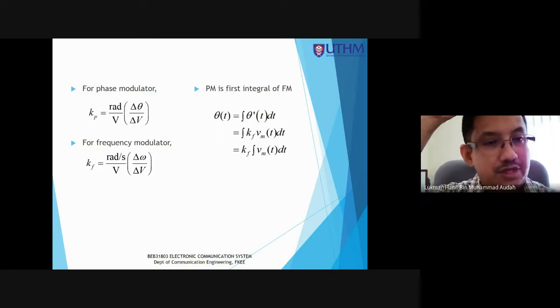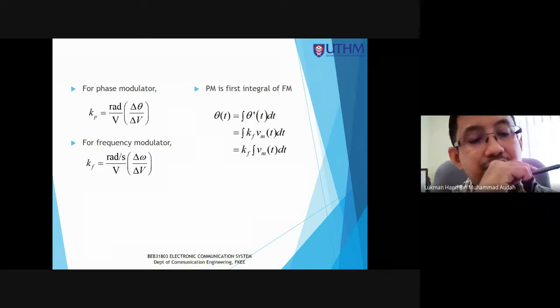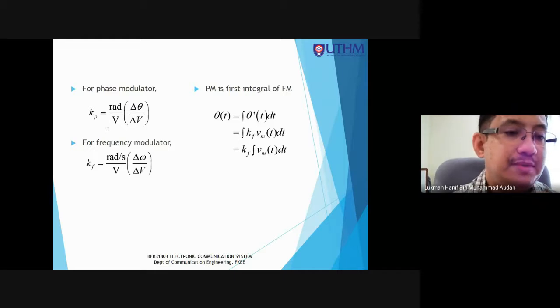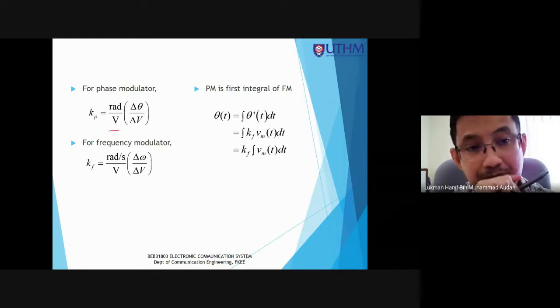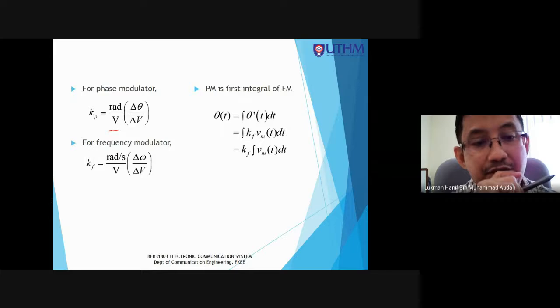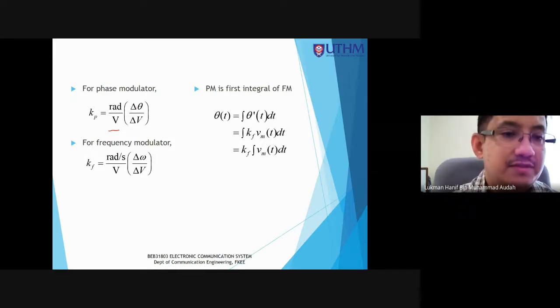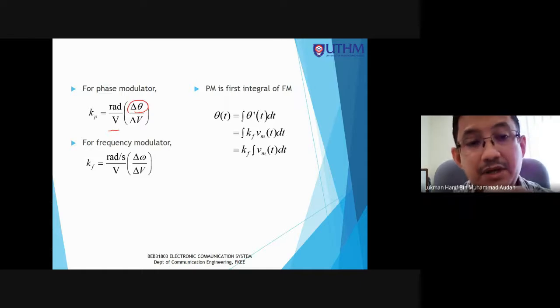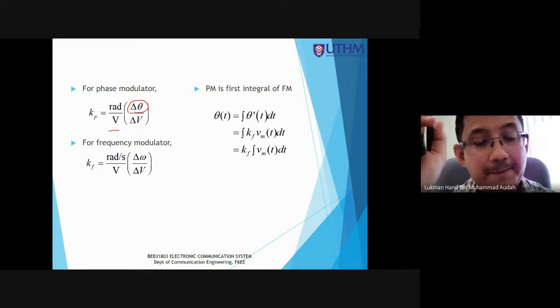What is the unit for Kp? The unit for Kp is radian per volt, where it is defined as the difference of phase of the carrier divided by the difference of voltage of the carrier.